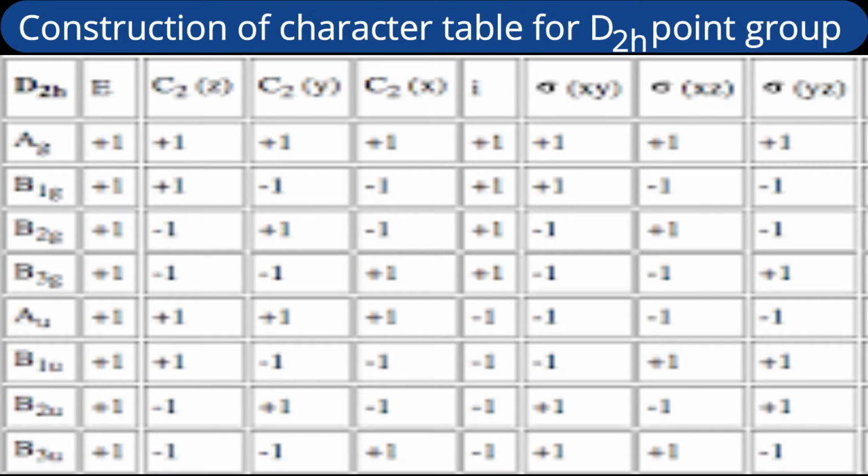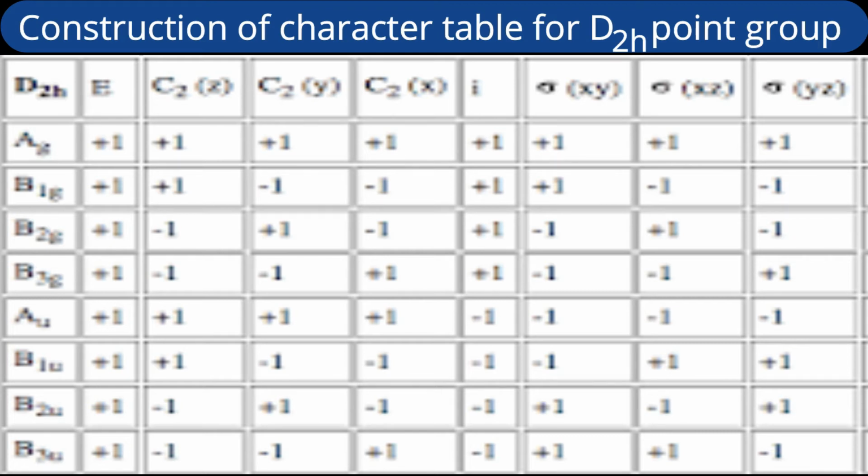If you come to the second irreducible representation, dimension is 1, so A or B. Now, out of the 3 C2 axes, it is antisymmetric for 2. So majority-wise it is antisymmetric. Therefore, the term B. Now we have to see the next operation, the center of inversion, g or u. That term we are getting. The planes are there and we are finding that it is symmetric about the first plane.